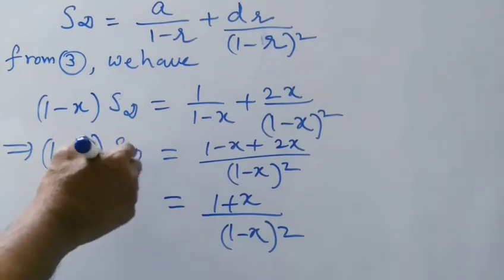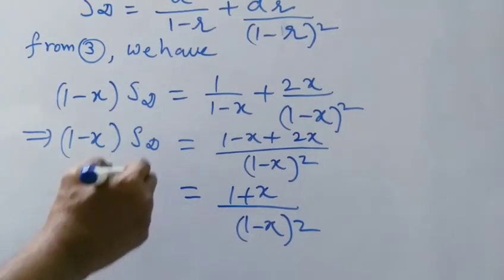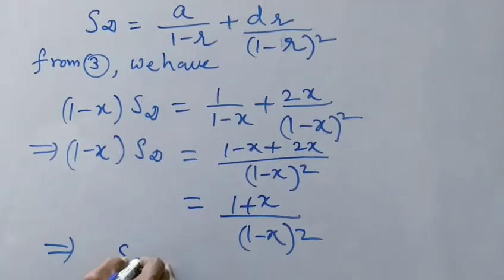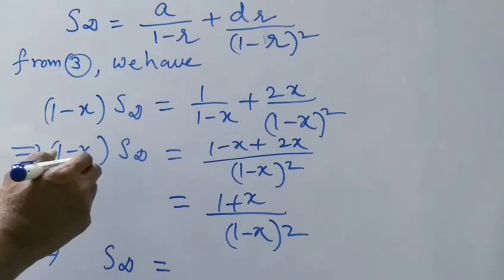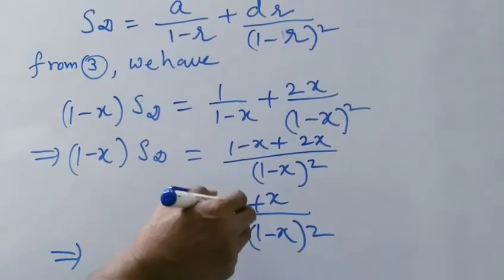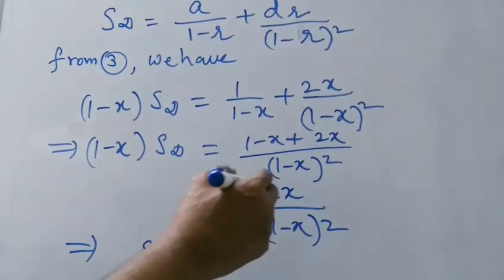Now the sum to infinity, on transposing 1 minus x, which is on multiplication on the left side, becomes the denominator on the right side.